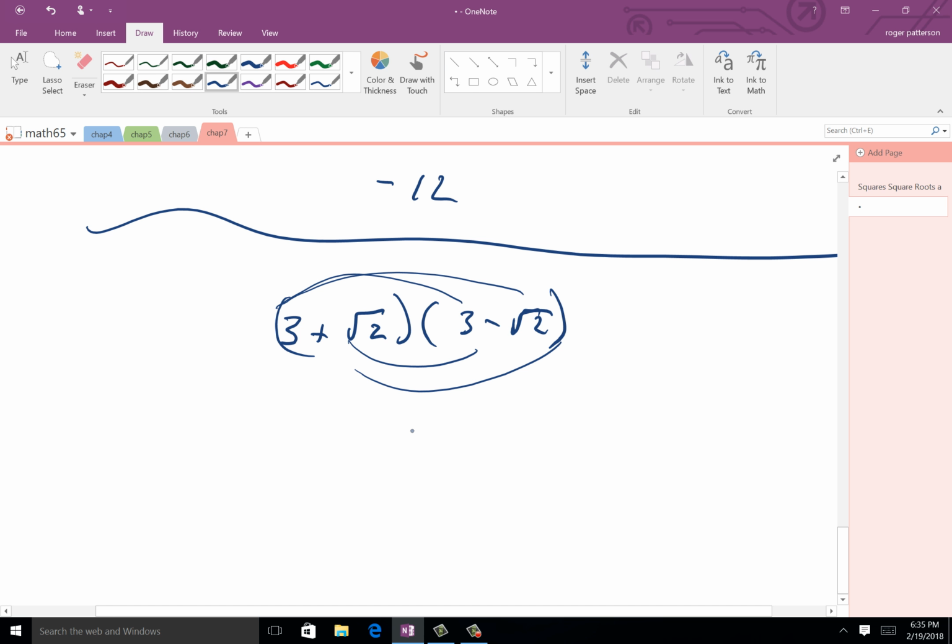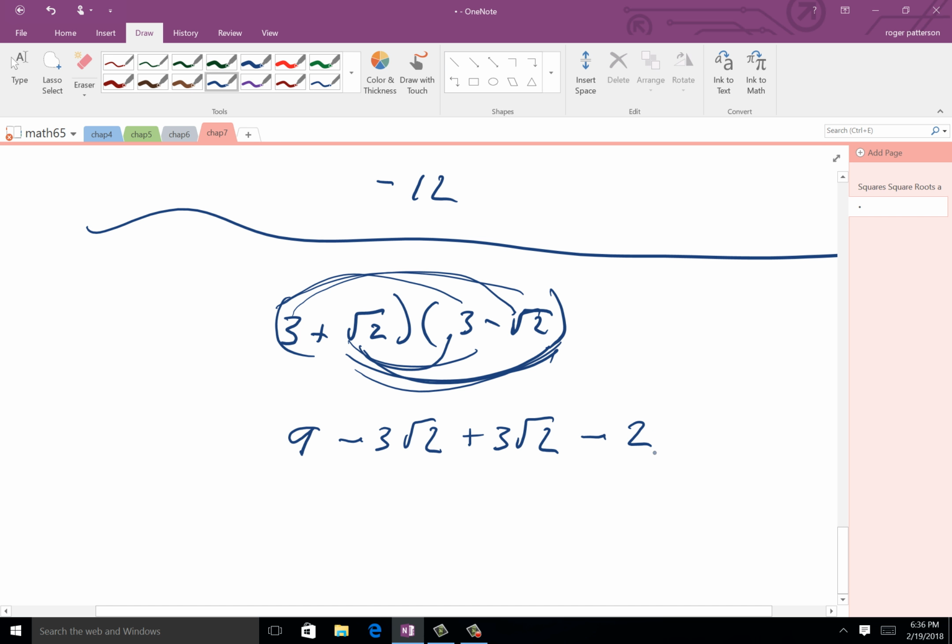All right, so 3 times 3, that's, what are we going to get here? 9. Okay, and then this one here is going to give me minus 3 square roots of 2, and then here plus 3 square roots of 2, good. And then our last one, we're going to get minus 2.